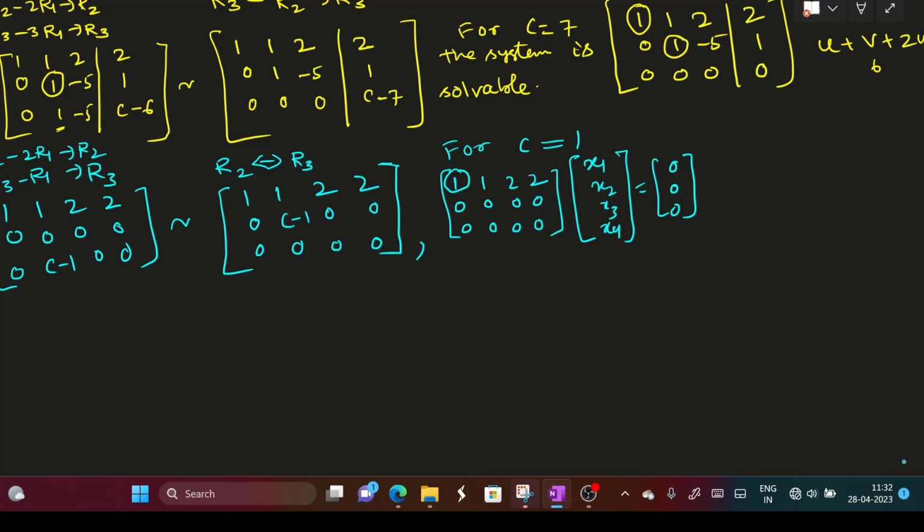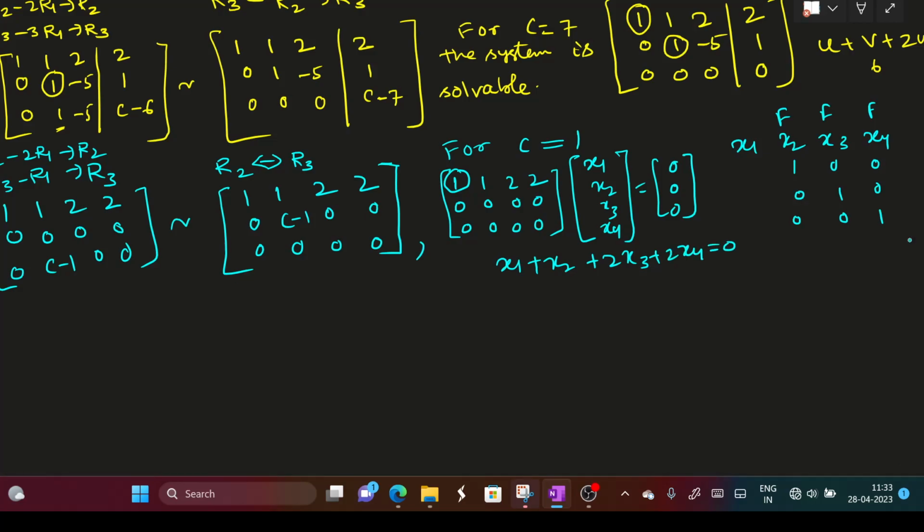So what are those free variables? x2, x3, x4. These are free variables, so we assign 1, 0, 0; 0, 1, 0; 0, 0, 1. And the equation is x1 plus x2 plus 2x3 plus 2x4 is equal to 0.